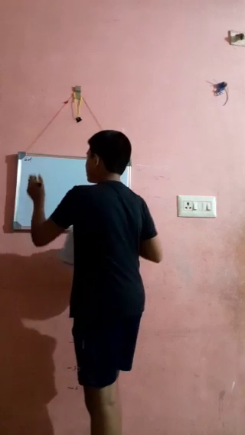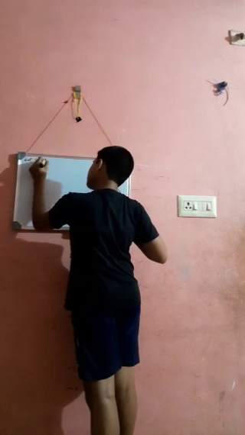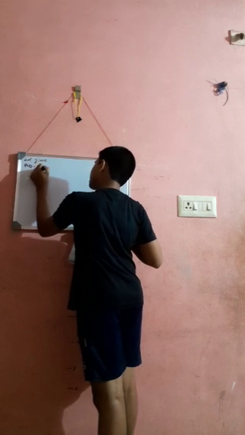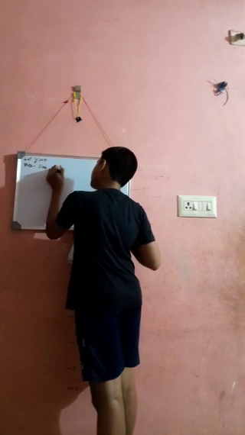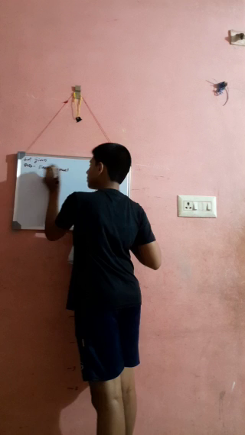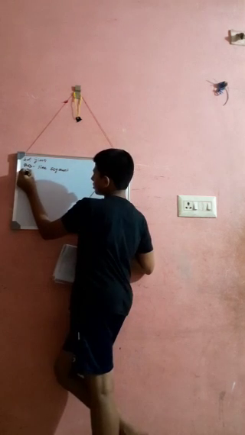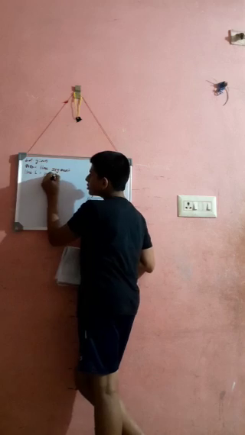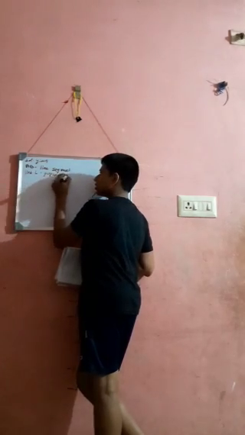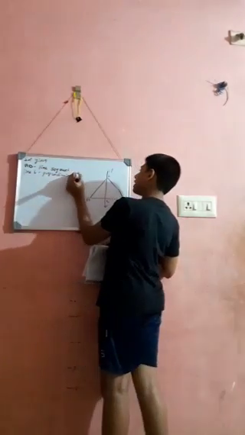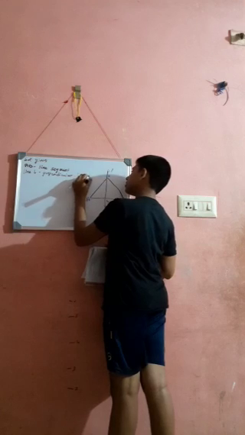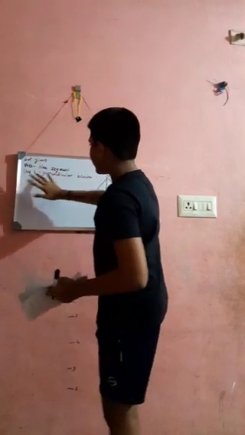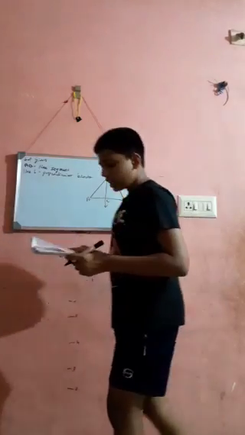AB is a line segment and line L is a perpendicular bisector.